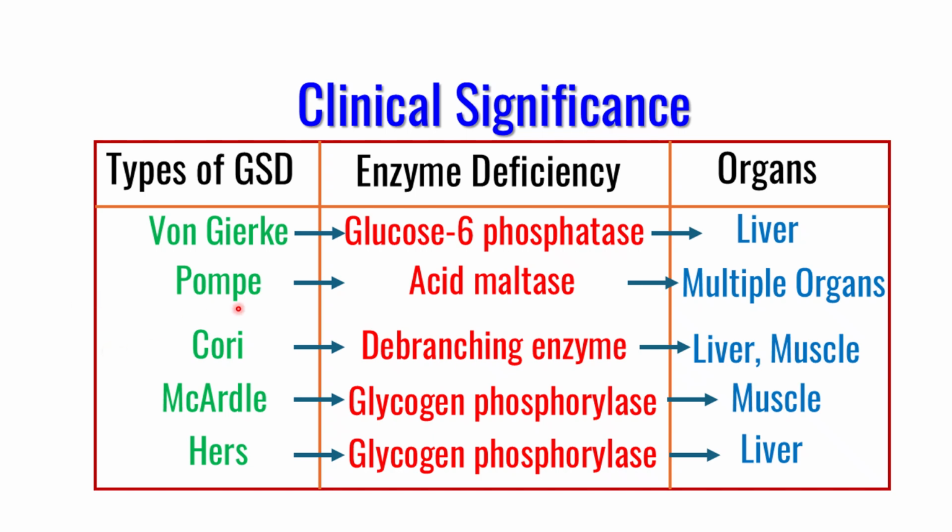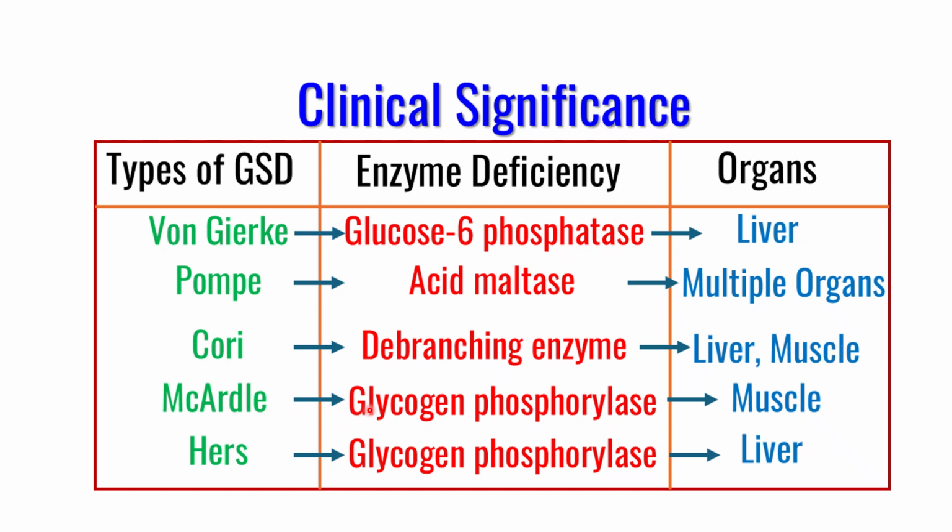Pompe disease, on the other hand, is associated with deficiency of acid maltase in multiple organs. Cori disease is associated with deficiency of debranching enzyme in liver and muscle. Therefore, this condition is associated with symptoms of hypoglycemia and exercise intolerance.